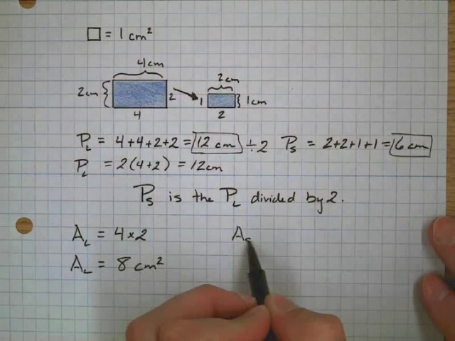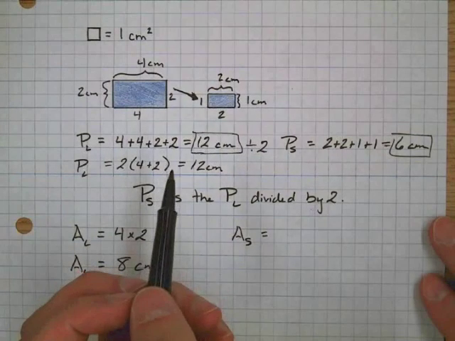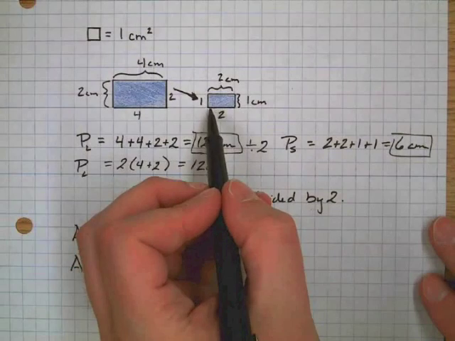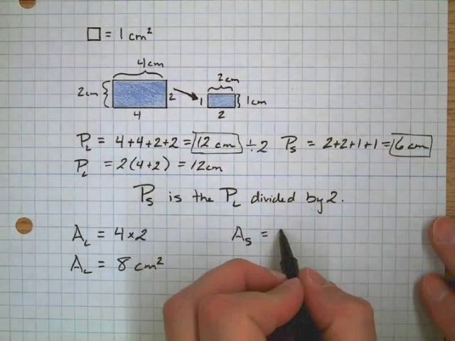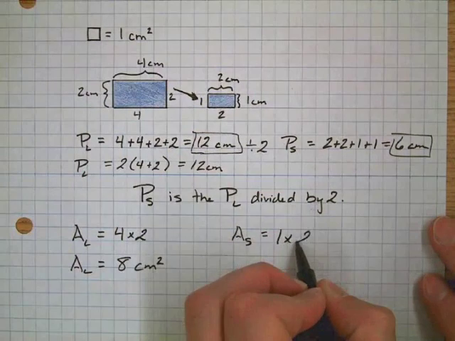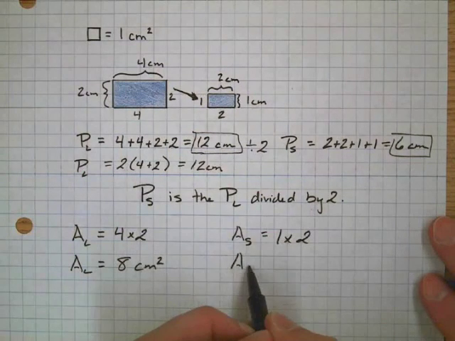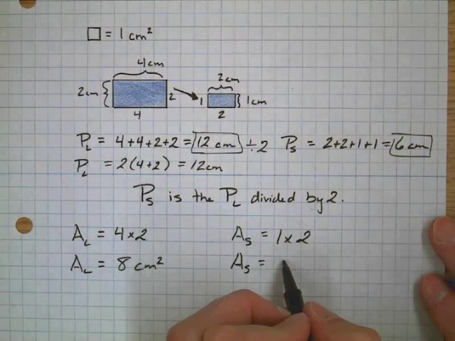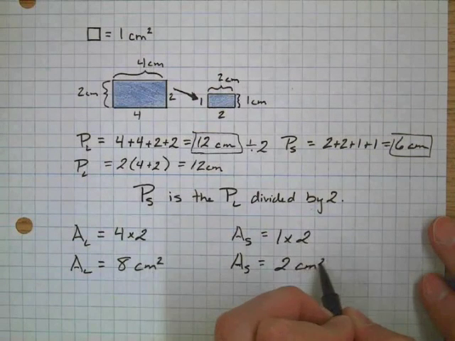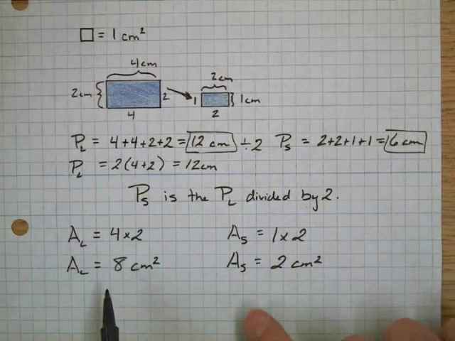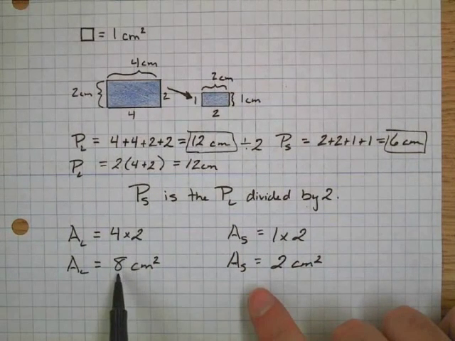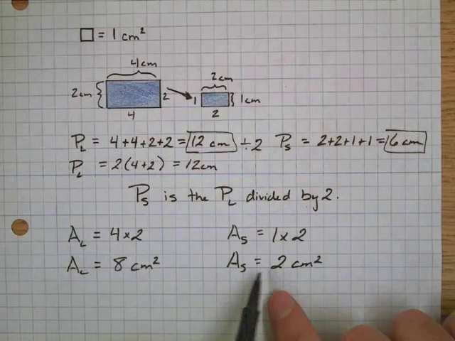Well, our area of the small, again, length times width. Our width is 2, our length is 1. So 1 times 2, so our area of the small rectangle is 2 square centimeters. So let's take a look at how these two compare. The large was 8 and the small was 2.